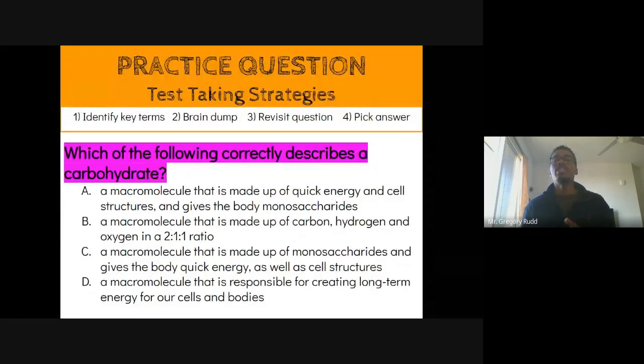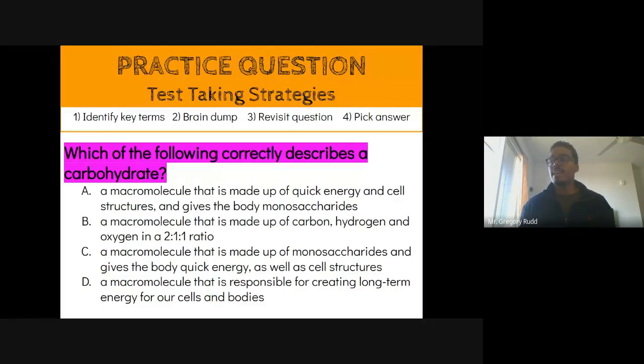You can make a prediction about what the answer will be. That way, when you look at the answer choices, you're not confusing yourself. You're not looking at these answer choices and you're like, wait, what am I being asked? Or wait, what's the difference between these two? You want to have a prediction about what the answer will be before you even look at the answer choices. And that will take you to the next level in terms of your test performance.